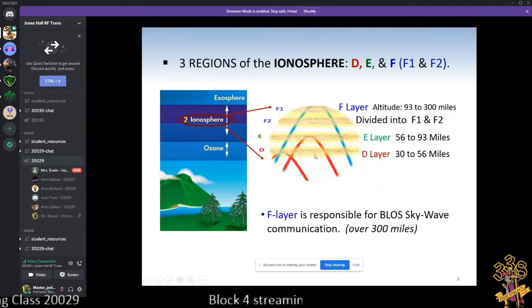The reason you get your D layer and your E layer, and the F layer dividing into two layers in the daytime, is that's when the sun is up and you have a lot of ionization. The F layer is always there, which is a good thing, because that's the layer that we use for beyond line of sight skyways, long range.